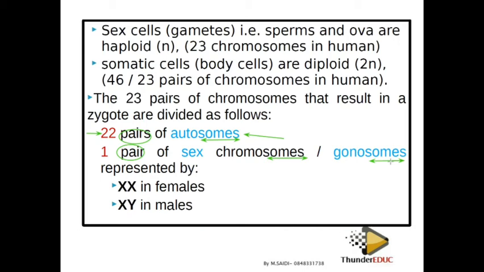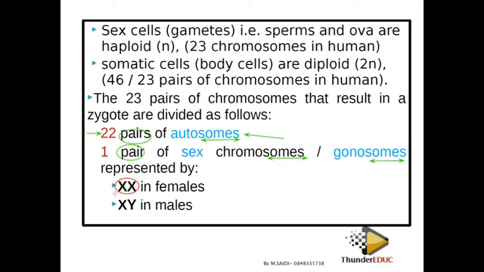You will get 2 gonosomes, but 1 pair. Not 1 gonosome, because you're going to lose serious marks for that. How is this gonosome represented then? The gonosome differs. In females we have XX chromosomes.